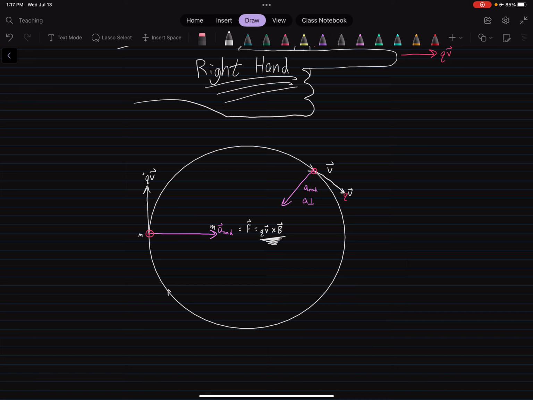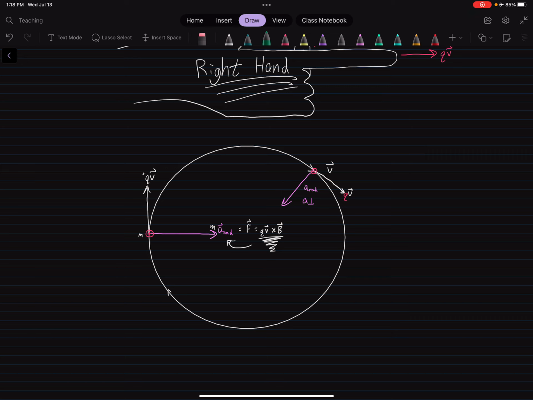And so this magnetic force that is acting on this charge with mass m produces, according to Newton's second law, F equals ma, an acceleration, a rad, and it is radially inward if we orient our magnetic field the appropriate way.